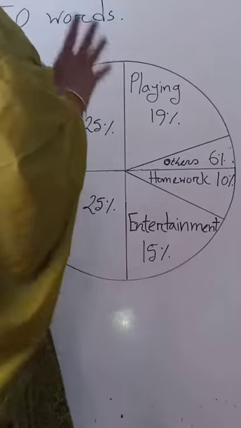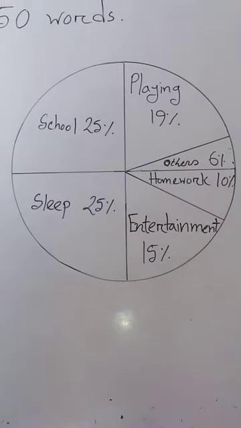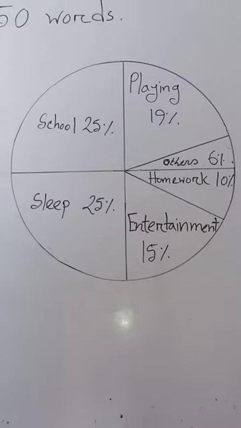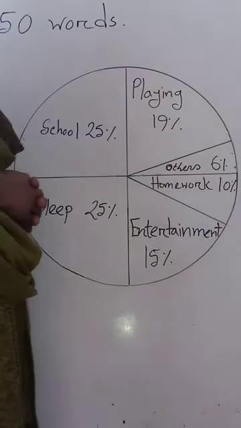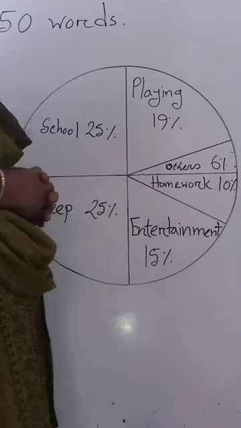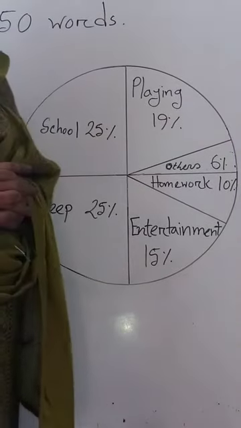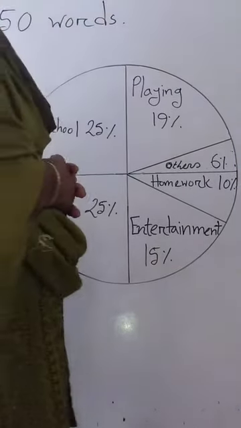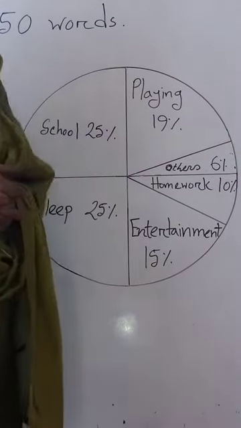Here we find 50% time. 50% time she spends for schooling and sleeping, and she is a sports lover. 19% time she spends playing. That is very good. And entertainment is also a great part of her life, and Morium spends much time for entertainment, that is 15%.